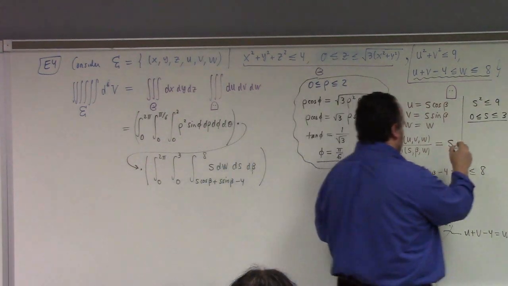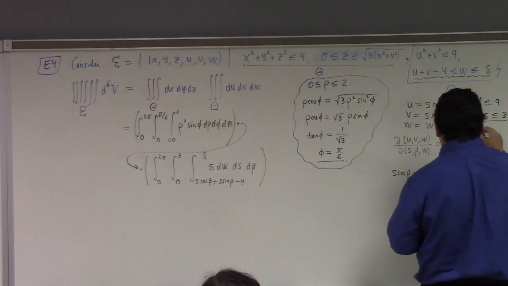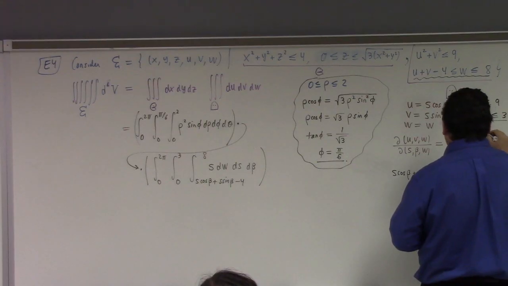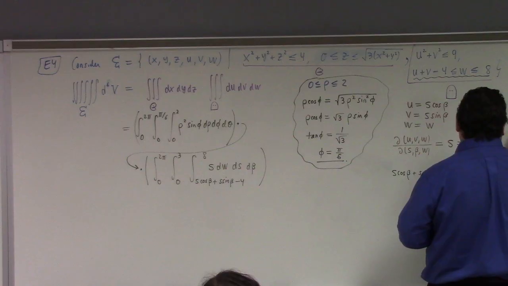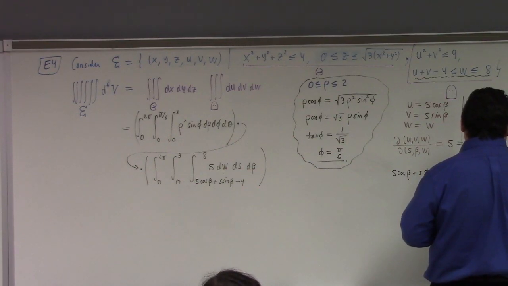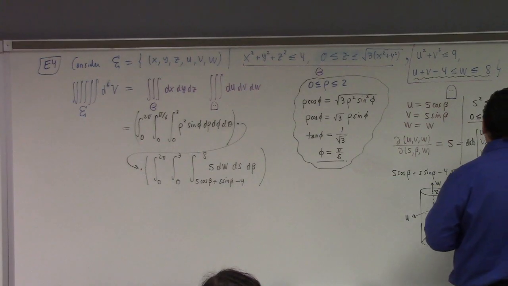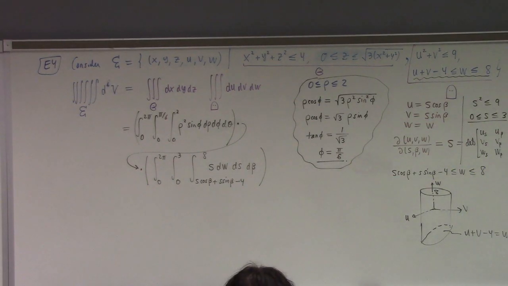It's because this is the determinant of US, VS, WS, U beta, V beta, W beta, UW, VW, WW. Did we define our U and V intentionally so that our Jacobian would become nice?